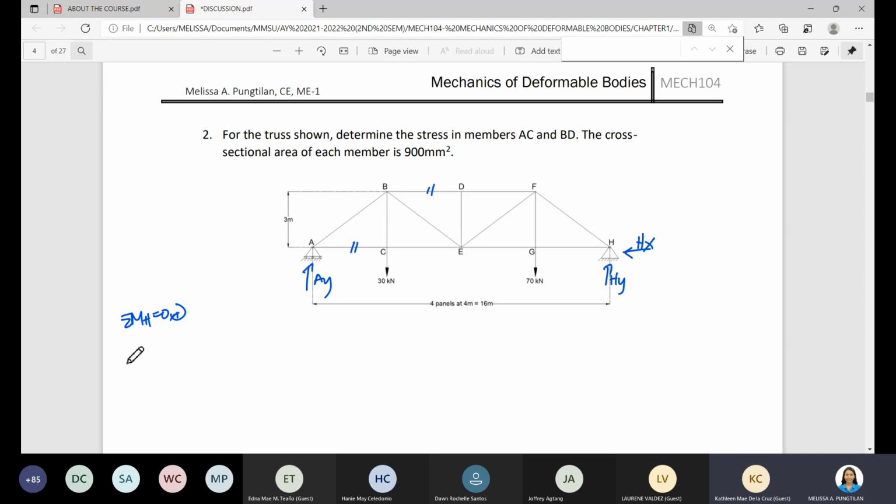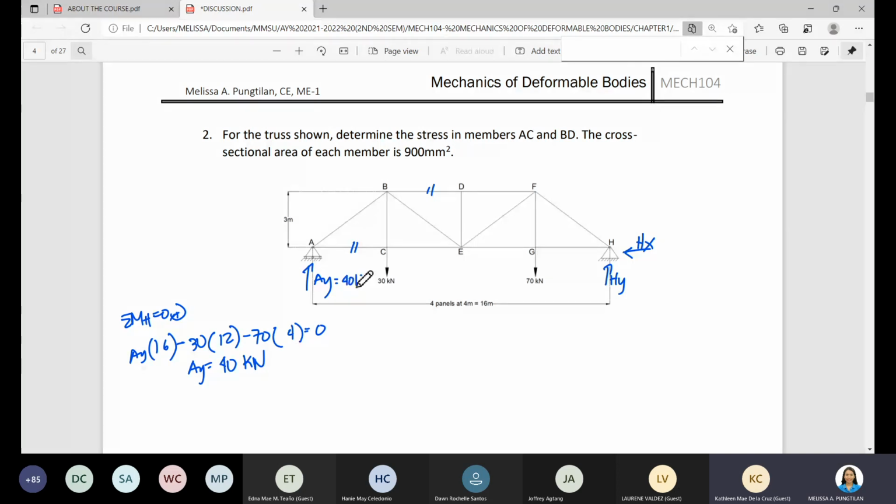So, we have AY 16 minus 30, moment arm is 12 meters, minus 70, moment arm is 4, is equal to 0. So, yung ating AY is equal to 40 kilonewton. Okay? Yung AY natin is 40 kilonewton.